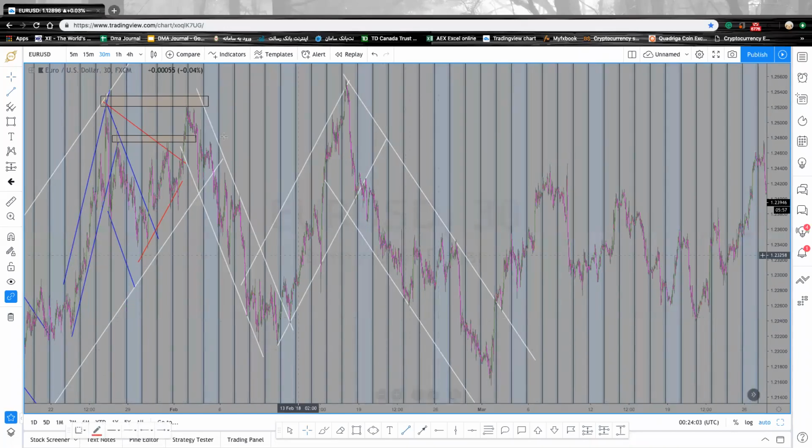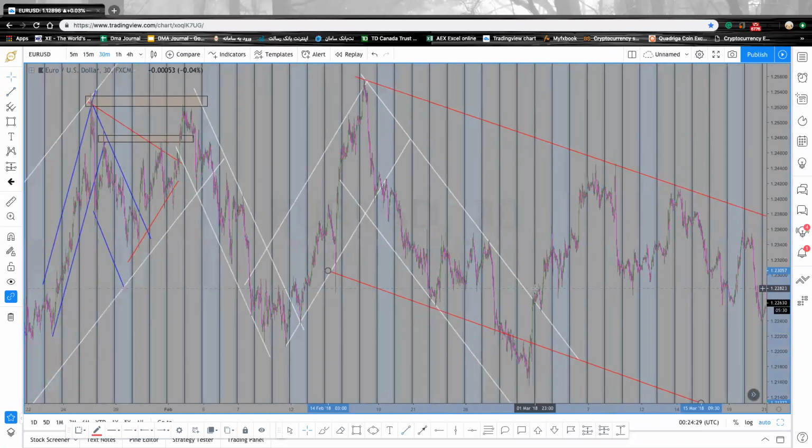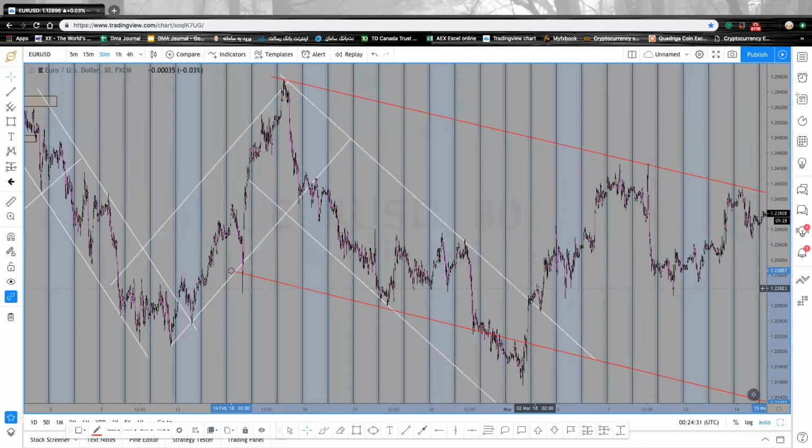Let me draw the downtrend so you can see. So just let me draw it like this. So if they want to go down, they need you to buy.